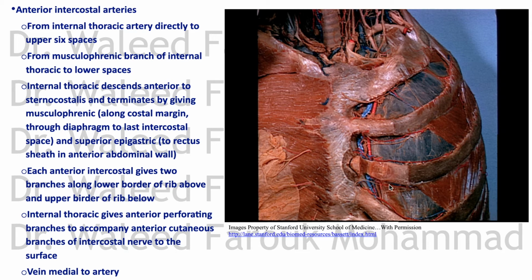Okay, now another thing about the intercostals, that they continue in the abdominal wall to supply the abdominal wall muscles and skin and fascia together with the nerves. So we will be talking about them in the anterior abdominal wall. Remember this.